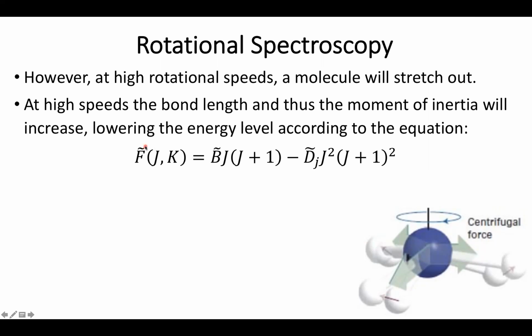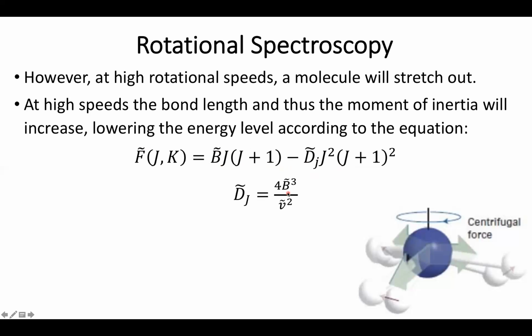And so what will end up happening is at high values of j, we're going to lower the energy level according to our general equation, where here, let's assume we're dealing with a spherical or simple system. So E_j equals B times j times (j plus 1). This is my classic spherical or linear system, and I'm dampening it by the distortion factor of D_j.